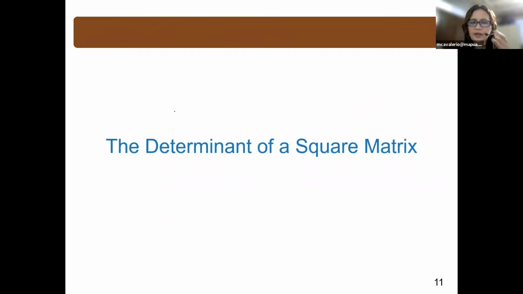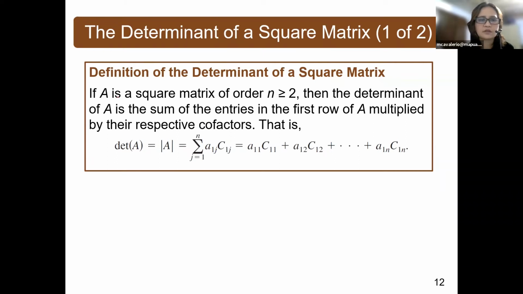Now, how do we find the determinant of a square matrix? If A is a square matrix of order n that is greater than or equal to 2, then the determinant of A is the sum of the entries in the first row of A multiplied by the respective cofactors.